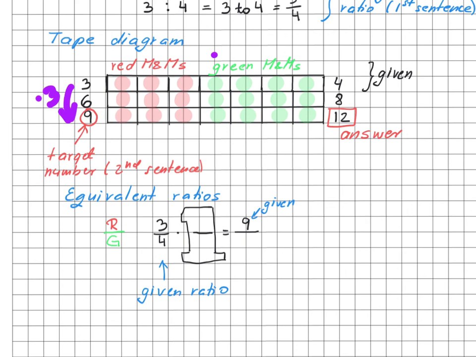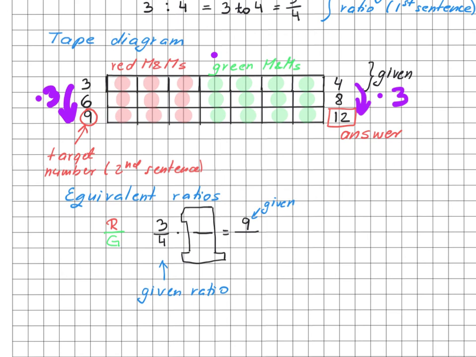If I multiply by 3 on the left side, I'm doing the same thing on the right side, because whatever I do with red M&Ms, I did exactly the same with the green M&Ms. So I have 1, 2, 3 lines of green M&Ms. So I want to say 4 times 3 is 12. So I multiplied both sides by 3.